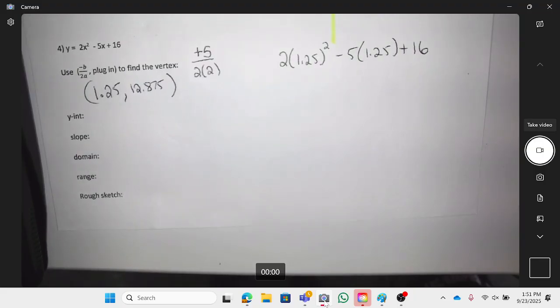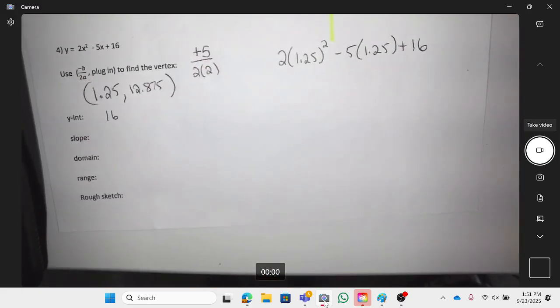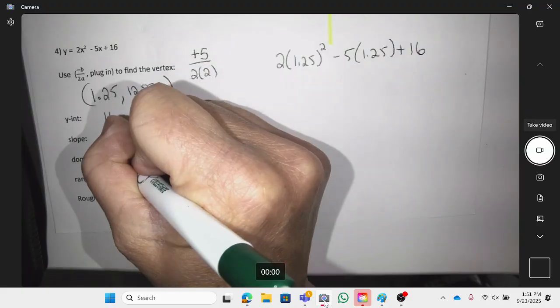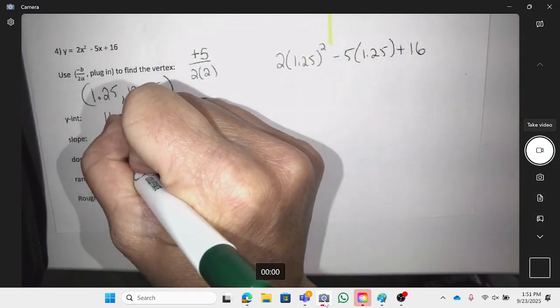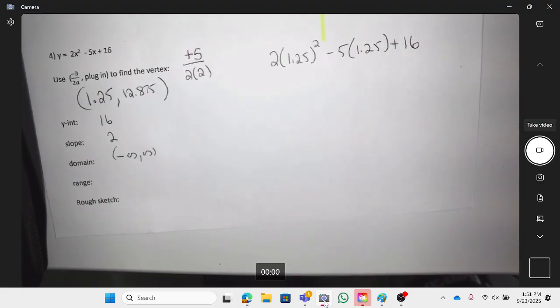Okay, y-intercept, you got 2 seconds. What's the y-intercept? 16. Slope, quick. 2. Domain, quick. Negative infinity to positive infinity. Okay, range. Think about it.